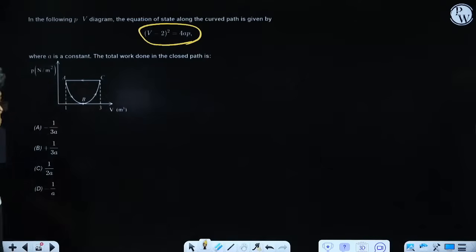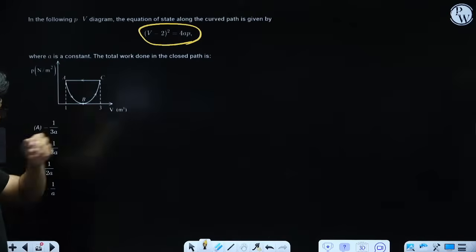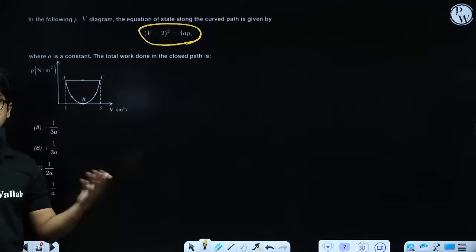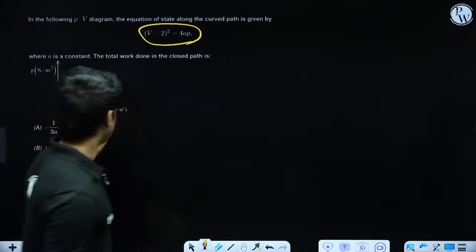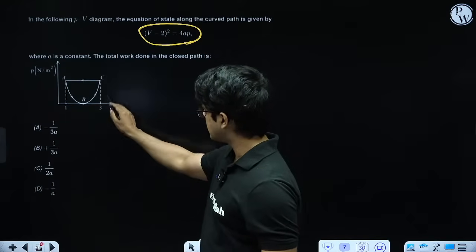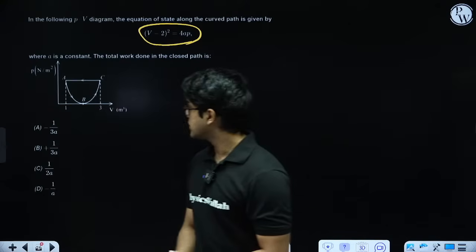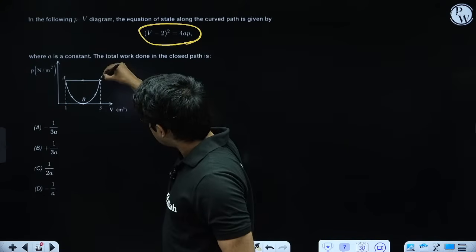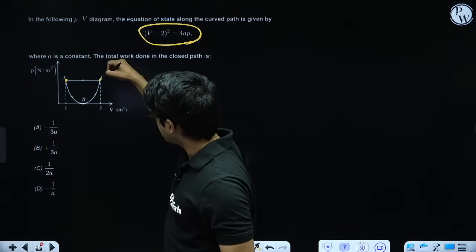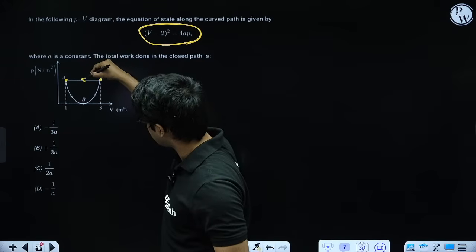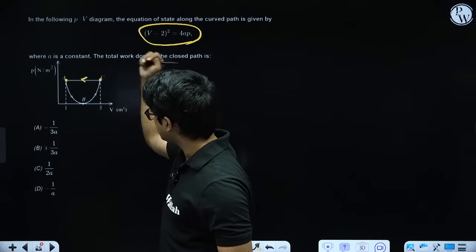All right. So the first thing is that, directly by looking at the graph, you should be able to tell that the net work done by the gas in this path will be negative. Because this process CA over here is a compression process. If you observe, we go from higher volume to smaller volume.